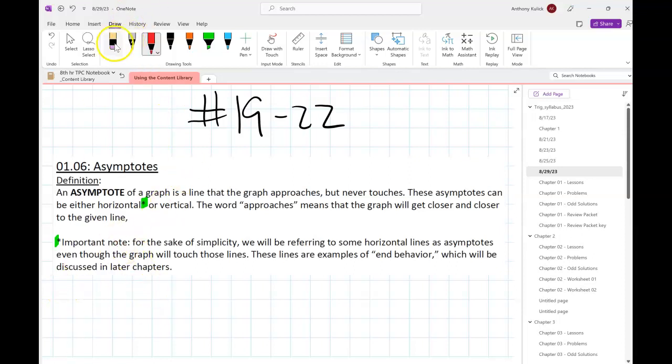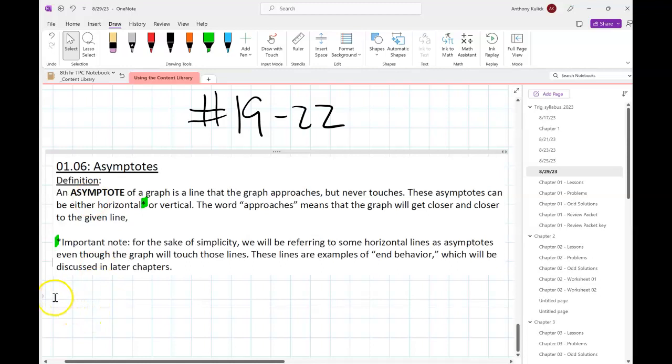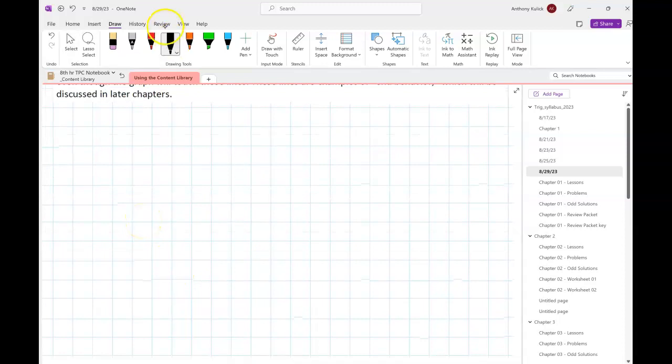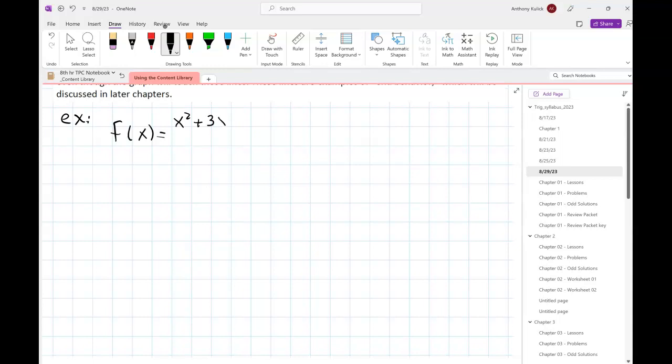Let's look at a picture to kind of visualize what's going on, because again, this is a visual thing. So the example we're going to look at is f of x equals x squared plus 3x minus 3 over x squared plus 2x minus 3.